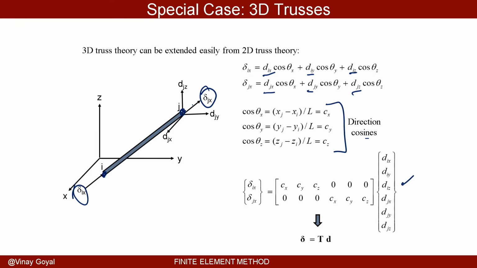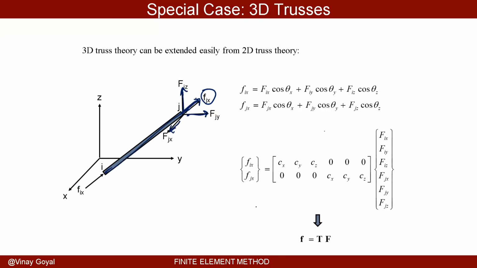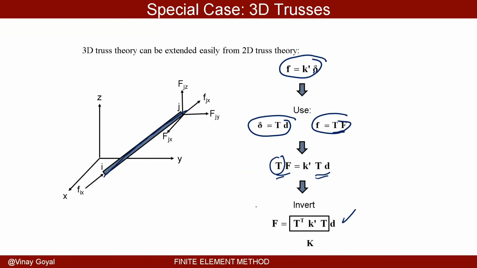You can do the same thing for the deflections. We wrote these equations in a smart way. I invite you to pause and do it yourself. I want you to multiply this row times this column vector so you can see that I recover this exact same thing. You'll see it works out beautifully for node I and for node J. And then I just use the equations that I had derived earlier.